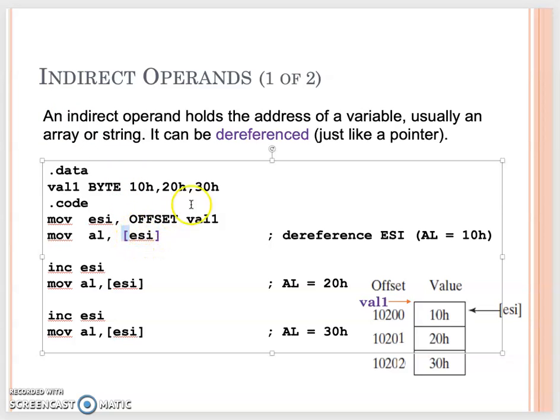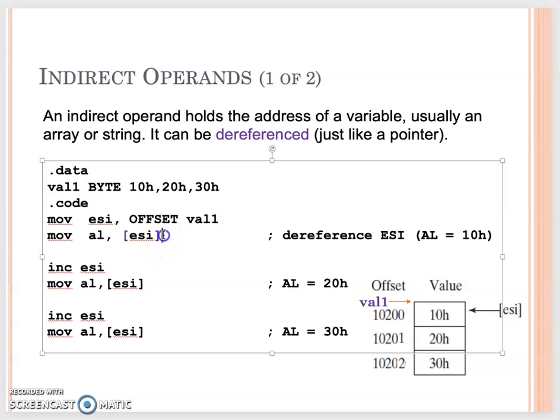But here, if ESI is only holding the memory location and you want to use ESI to access the data saved at that location, then you need to use the square bracket, by requirement. Otherwise, without the square bracket, ESI itself is 4 bytes, so it is only holding the memory location number.